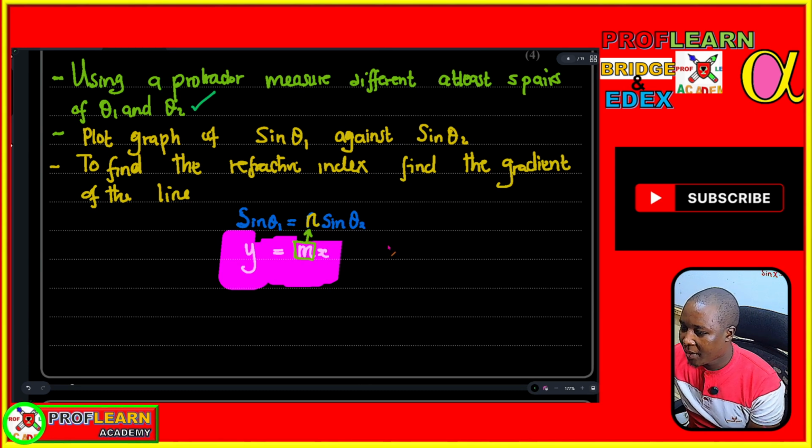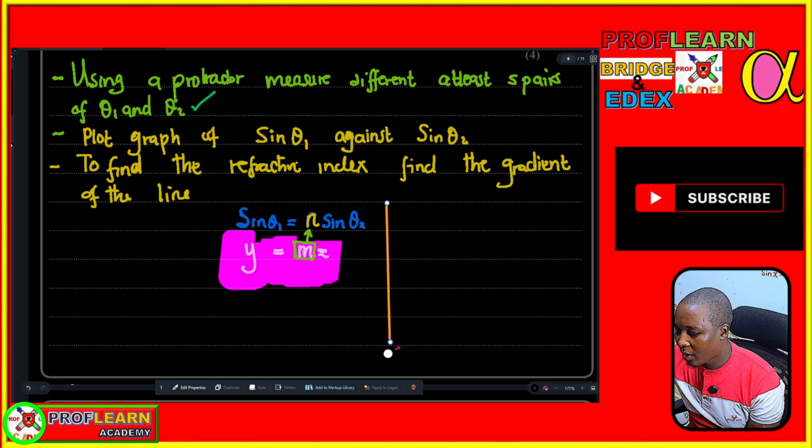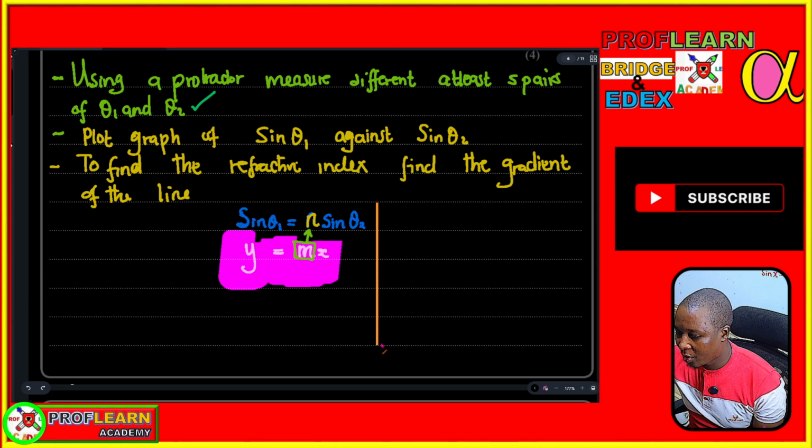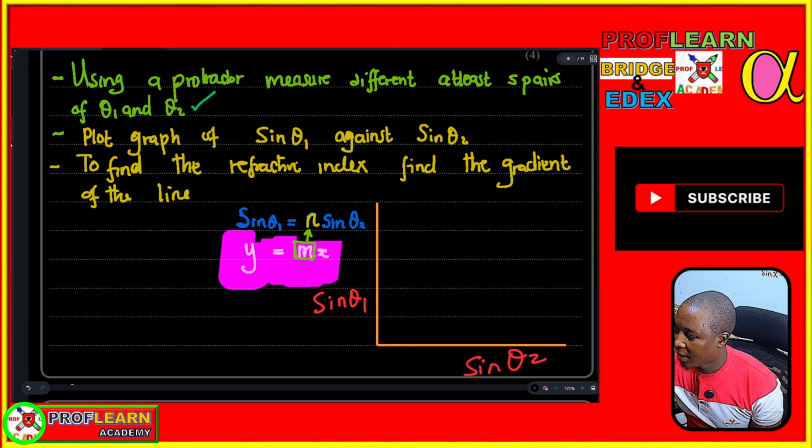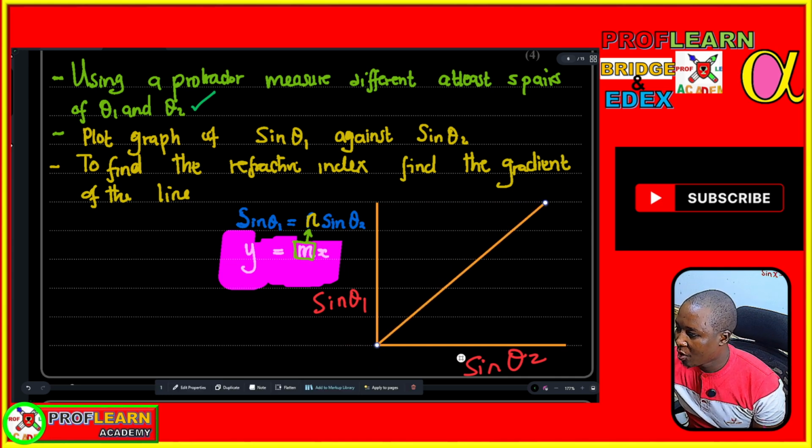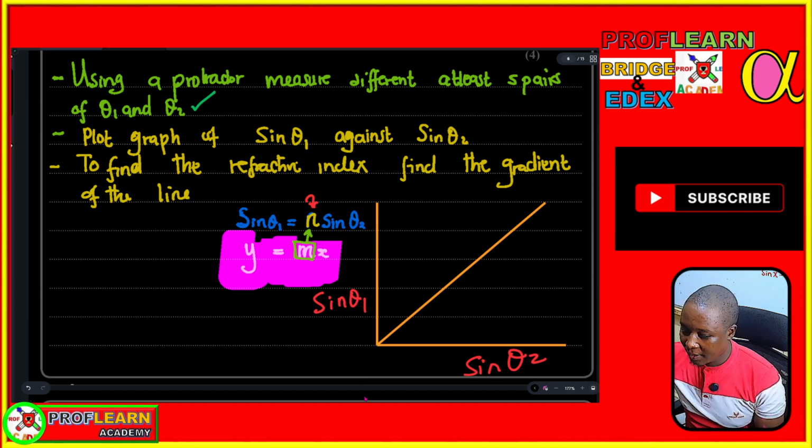From here we are going to obtain a straight line graph, and from this straight line graph, of course, we can work out the gradient. So if you have sine theta 1 and sine theta 2, we shall have a straight line graph that is like that. In order for you to work out the refractive index, we are going to work out the gradient of this line, and that is going to be our refractive index.